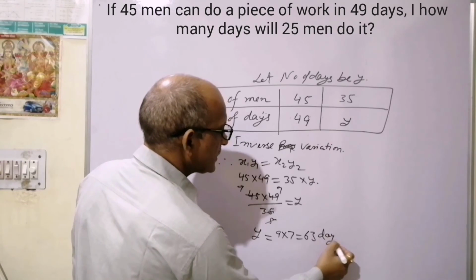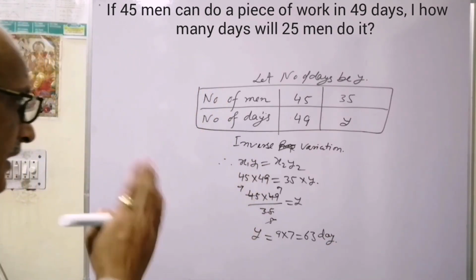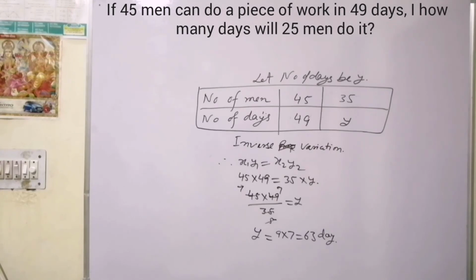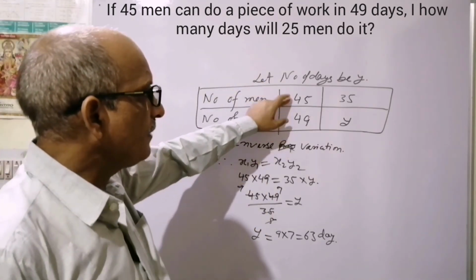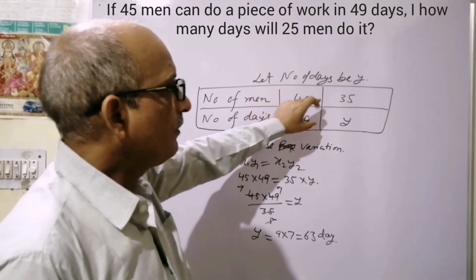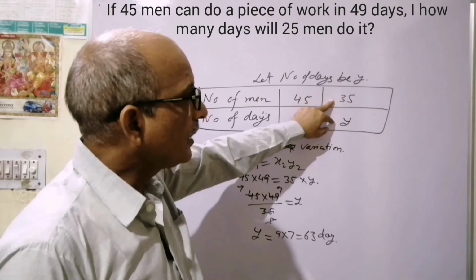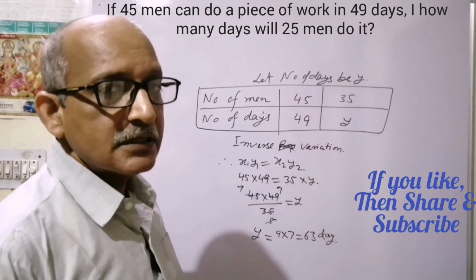They will take 63 days to finish the whole job. So in this case you are able to see that when workers were 45, the work is finished in 49 days. When workers are 35, the work will be finished in 63 days. Clearly, it is inverse proportion.